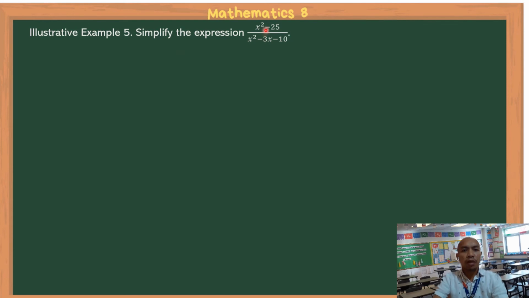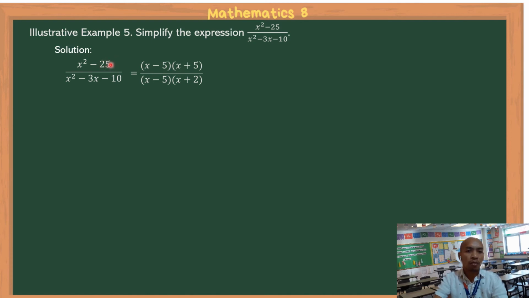So example number 5. Simplify the expression x squared minus 25 all over x squared minus 3x minus 10. Our numerator is a difference of two squares because the first term is a perfect square, and the second term is also a perfect square. To factor x squared, we just get the square root of x squared, so that would be x and x. Next, the constant would be the square root of 25.